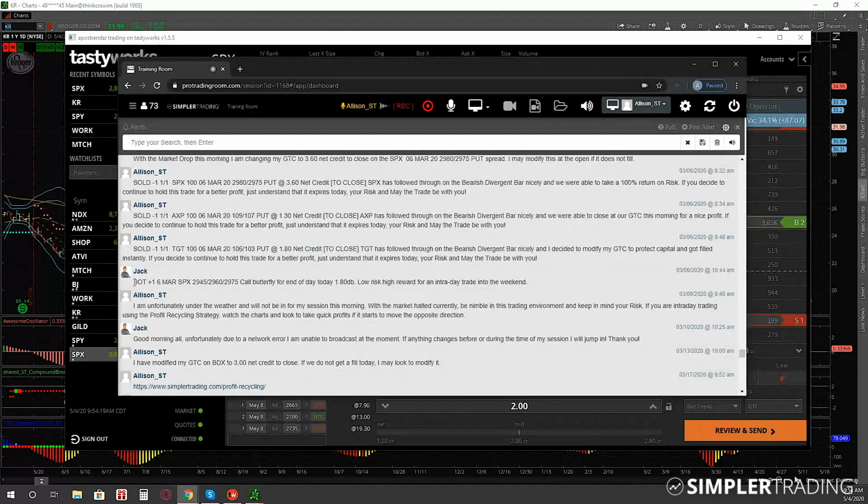Jack, right below me on that same day, ended up buying to open a +1 trade. So notice how he bought to open a trade. On the strikes, it's going to match up to be a one contract trade. This was on the 6th of March. It was SPX, the 2945, 2960, 2975 call butterfly.